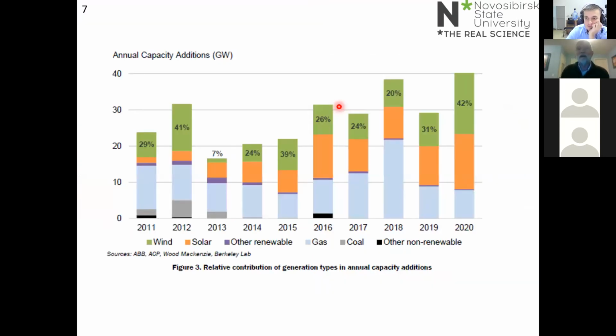Okay, the US market reports on wind energy have some really interesting information in them. What you see here is a year-by-year account of the technologies that have been installed in the US as additional electricity generators.